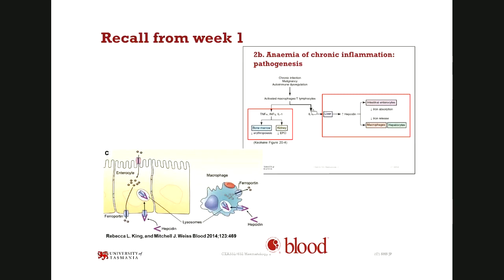Interleukin 6 stimulates the liver to produce more hepcidin. Because of that increase in hepcidin, we have the blocking of ferroportin, so we can't get iron absorption from the gut, and we also can't get any stored iron out of the tissue macrophages. The hepcidin blocks that.